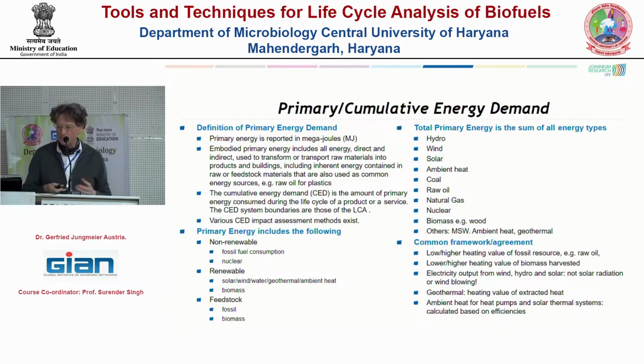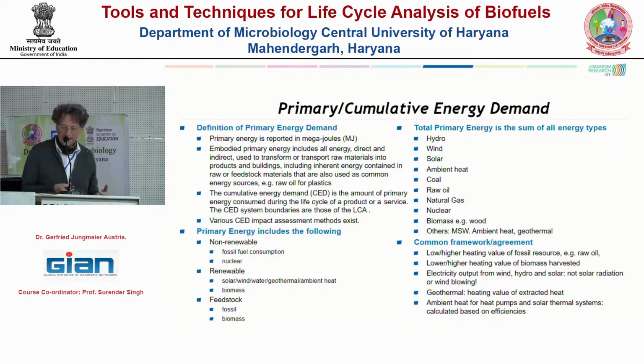And the primary energy has to be distinguished between non-renewable and renewable feedstocks, so our energy carriers. That's also important because the renewables come again and again, and the fossil and the nuclear disappear sooner or later. This is very important for the final judgment on the cumulative energy demand, to see which energy carriers are involved.